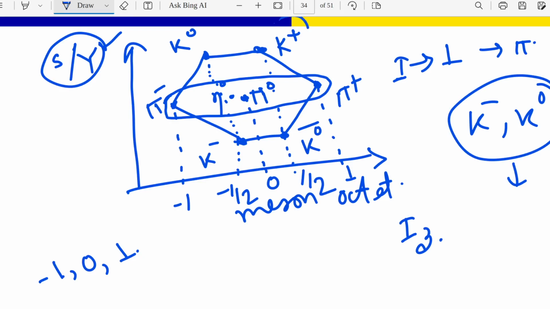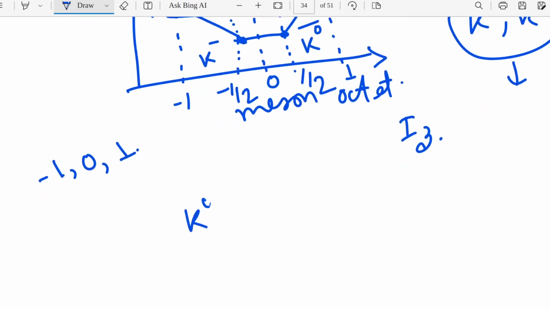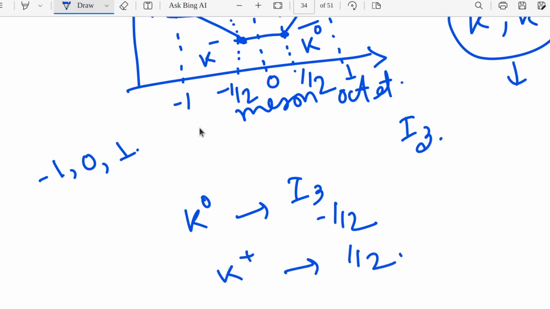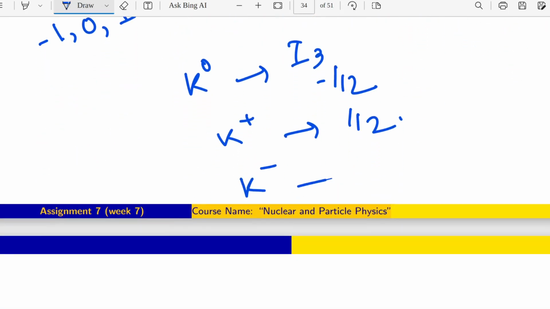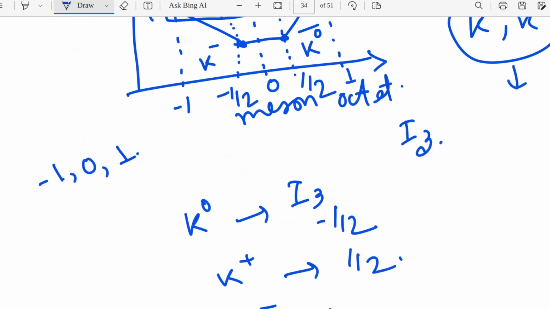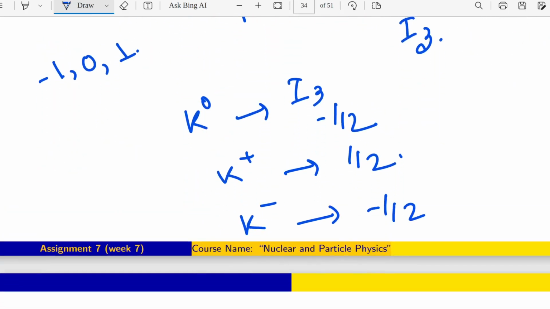So K plus has I3 plus half, K0 has I3 minus half. I am just writing that. K0 has I3 minus half, K plus has I3 plus half. Similarly, K minus has minus half, and K0 bar has plus half. These are the values of I3.